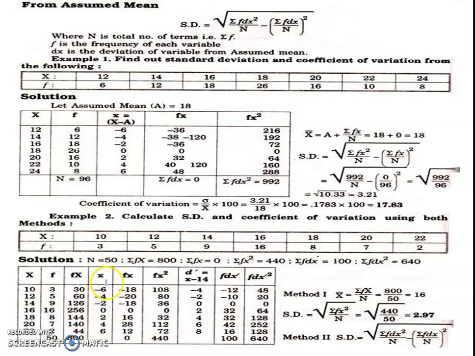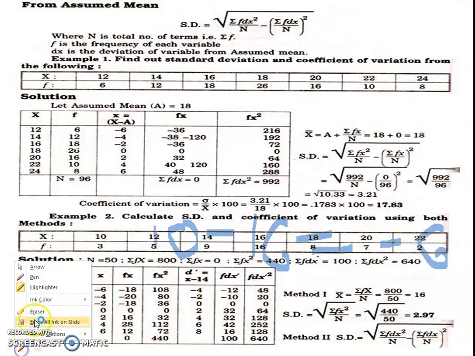I make this column with x bar, which is 16. First value is 10 minus 16, which is minus 6. That's why this value minus 6 is there.